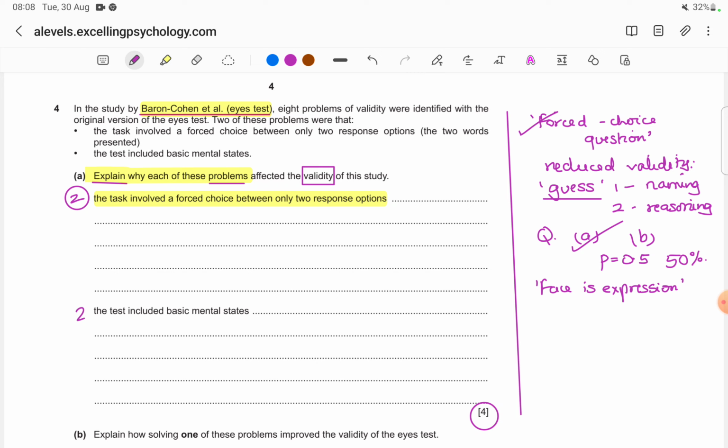Okay, so again, like always, I will show you how to write this answer.